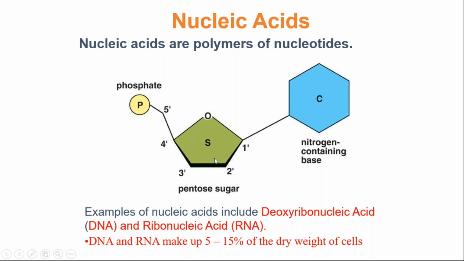The ribonucleic acid contains ribose, whereas the deoxyribonucleic acid contains deoxyribose, that is a pentose sugar, and it has a phosphate molecule. There is a direction in this because you have the phosphate molecule and you have the 5' and the 3' end, we will see. The DNA and the RNA together make up about 15% of the dry weight of cells.